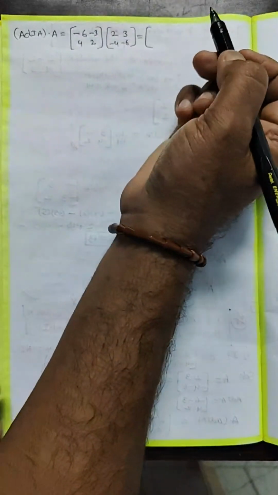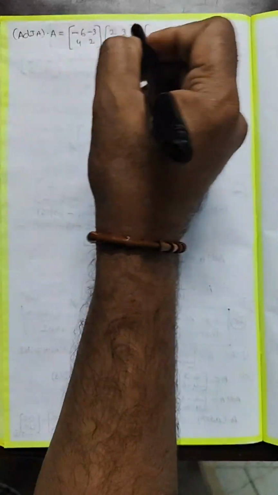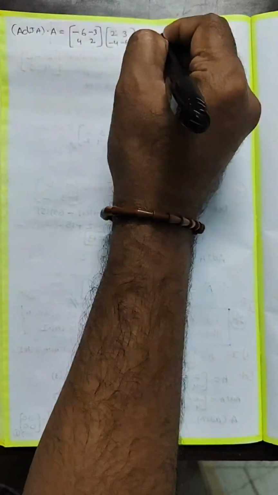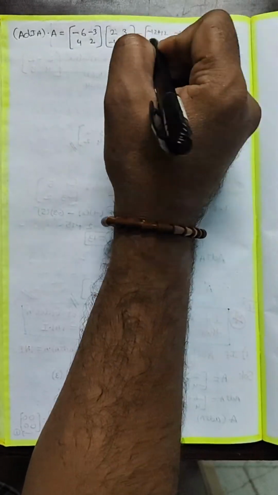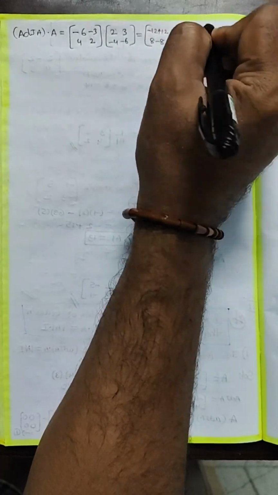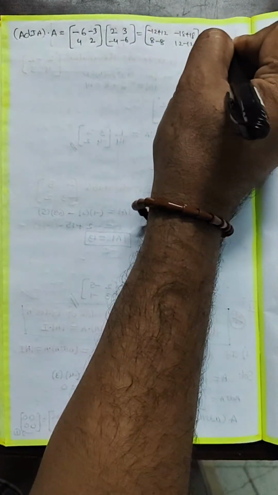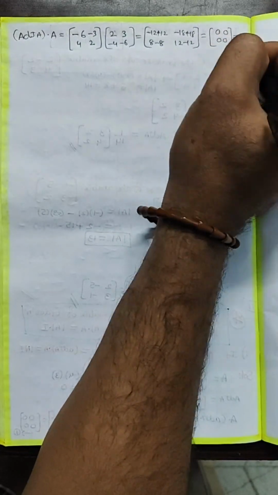If we do that product: minus 12 plus 12, minus 18 plus 18, 8 minus 8, 12 minus 12. So all zeros. So that is 0. Equation number 2.